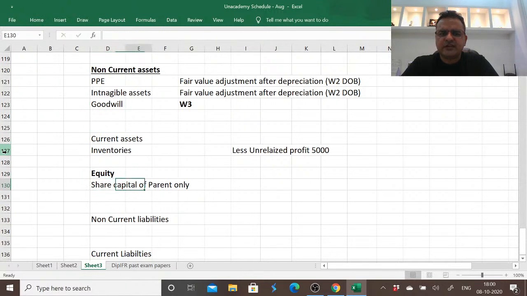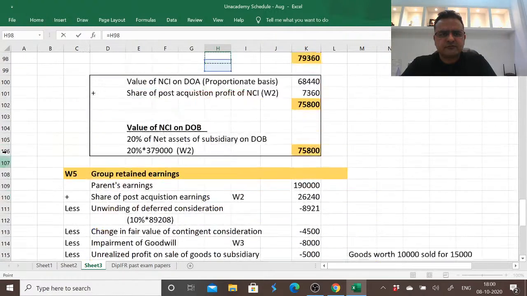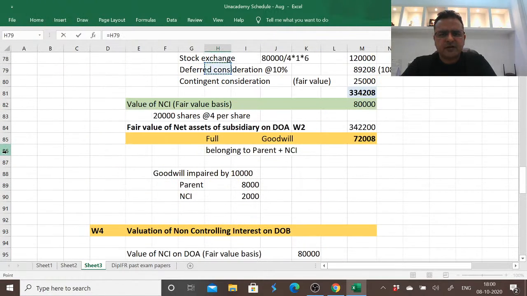The reason we present share capital of parent only is that the asset of one entity and liability of another gets cancelled on consolidation. So we'll include only group retained earnings, which includes post acquisition earnings, working note number 5.